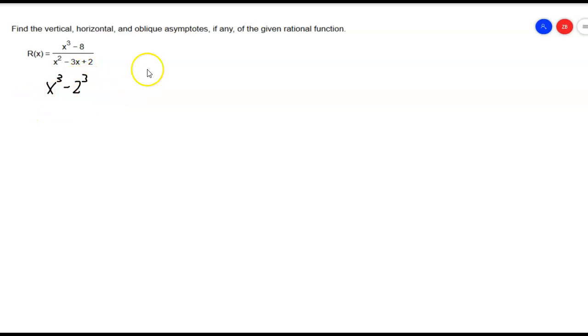And we have a formula for that. It says that if I have some value or variable cubed minus another value or variable cubed, I can rewrite it as the first minus the second, times the first squared plus the first times the second plus the second squared.